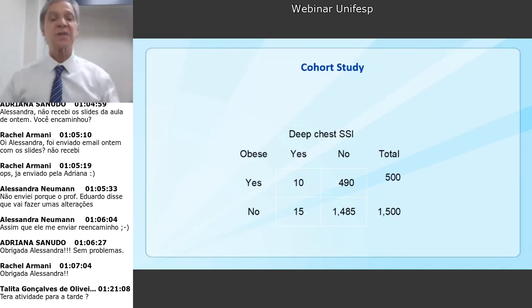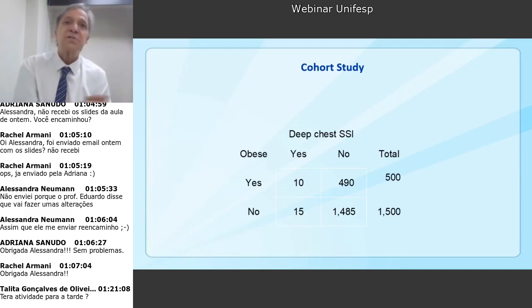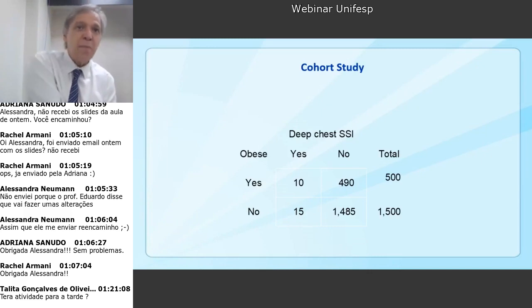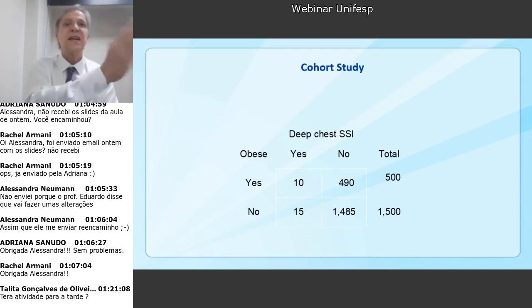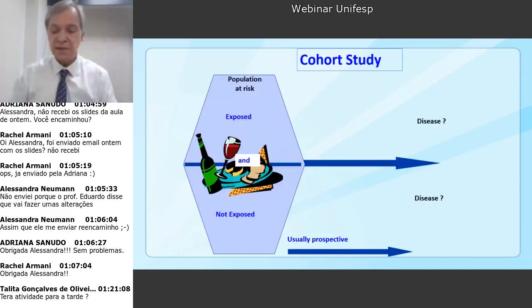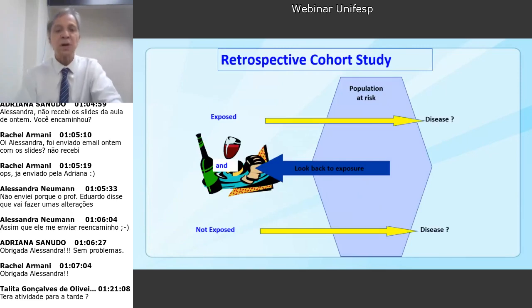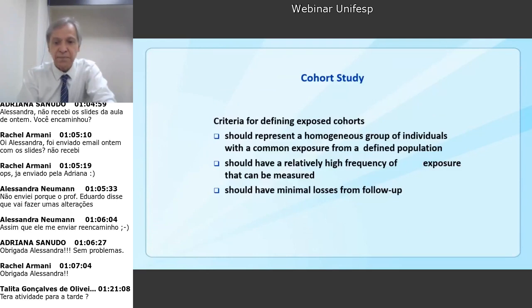He assigned them to the cohort, and he followed them up at some point to find the infection. But he got the information on obesity later. He went back to the records, going backwards in time, to the day that people have established record at the hospital, and say, that person's obese. Let's say I stop my follow-up here, okay? So it's just the manner you collect the data. Look back at exposure, okay?